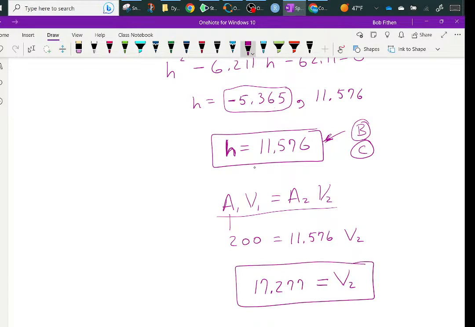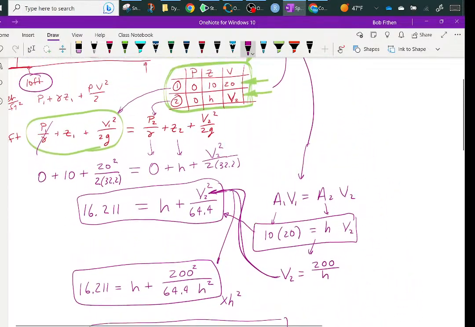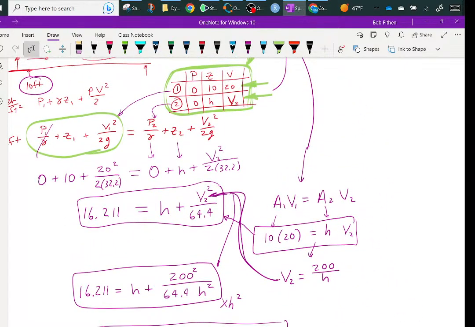Now, here's what I did. I went in, I found this, right? I'm asking the question, is it correct or not? Is this kind of reasonable? So I'm going to take this V2 and go right back to here.